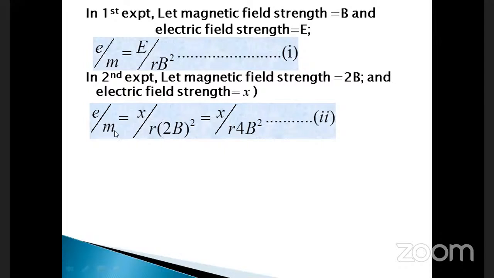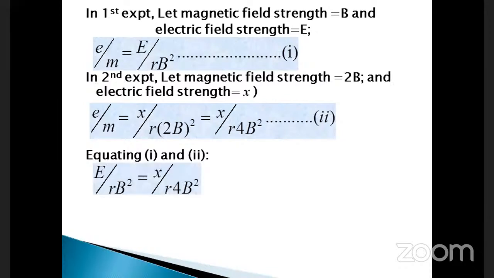So we can then equate the right hand side of equations 1 and 2. If we equate equations 1 and 2, we have E over R B squared equals X over R 4B squared.